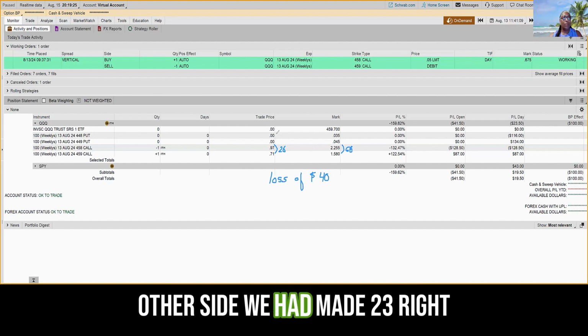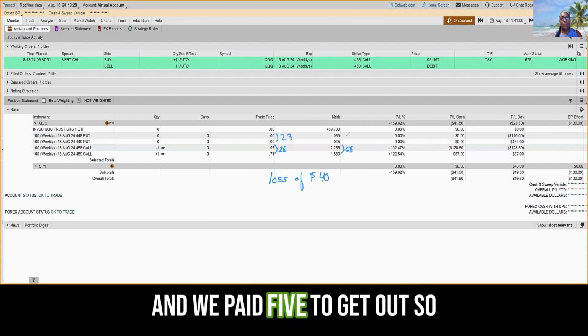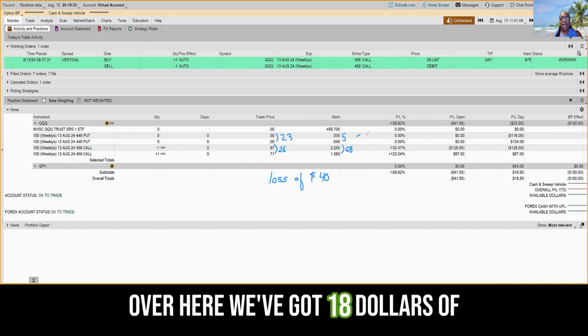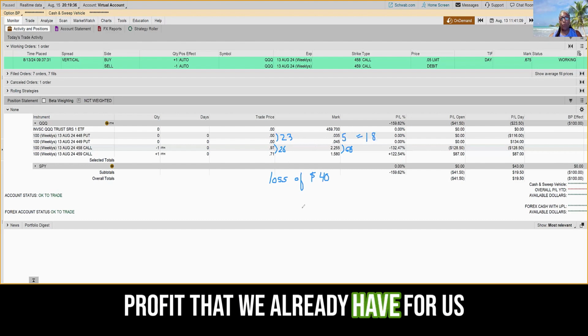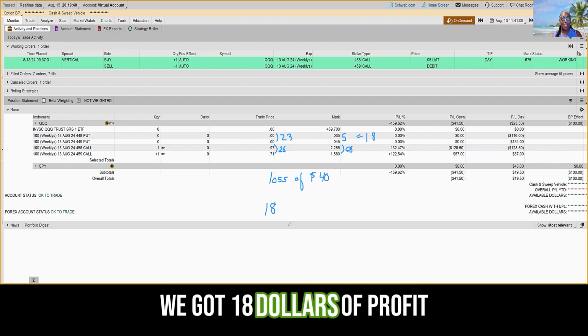On the other side, we had made 23, right? And we paid 5 to get out. So over here, we've got $18 of profit that we already have for us.